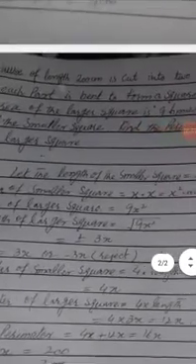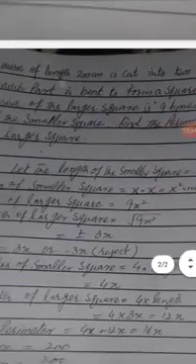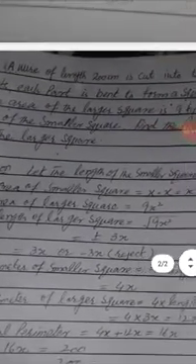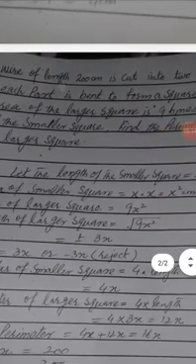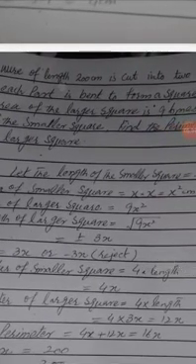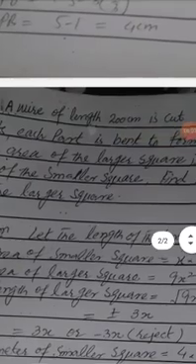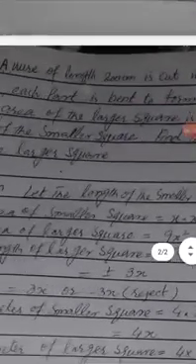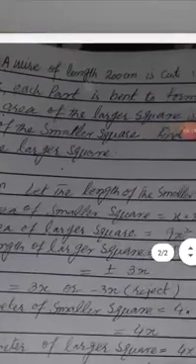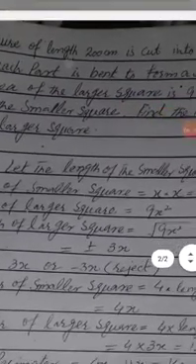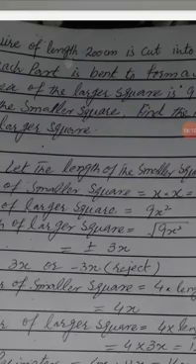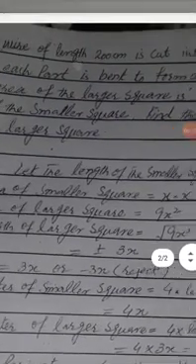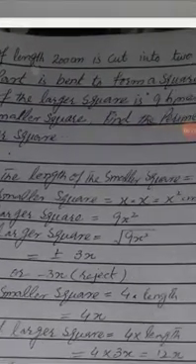So area of the smaller square is x square, and area of the larger square is 9x square. How will it come? In the statement it is written: if the area of the larger square is 9 times that of the smaller square, that's why we write area of the larger square is equal to 9x square.